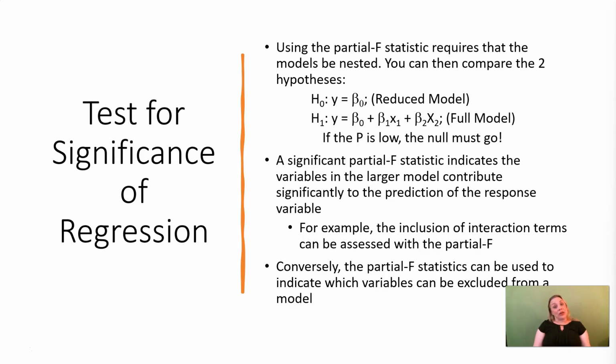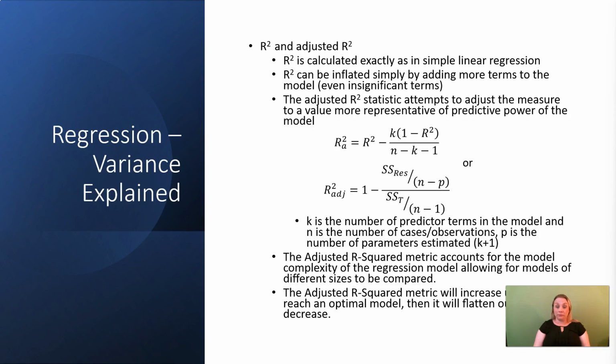A significant partial F statistic is going to tell us that the variables in the larger model contribute significantly to the prediction in the response variable. Conversely, our partial F statistics are used to indicate which variables we can also exclude from our model.